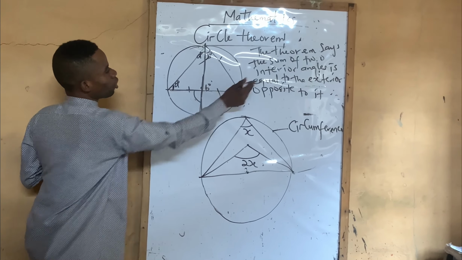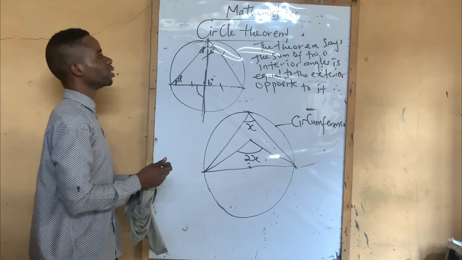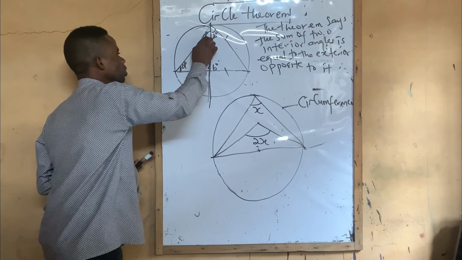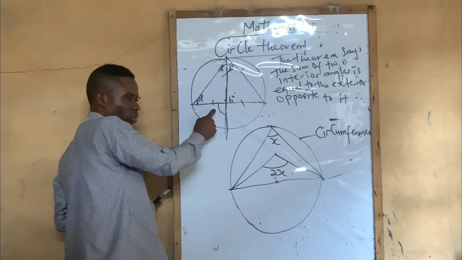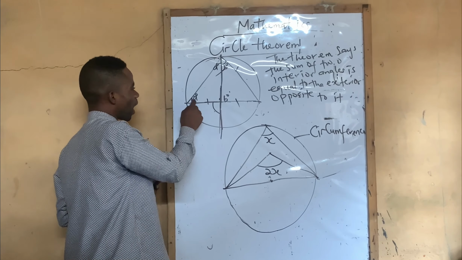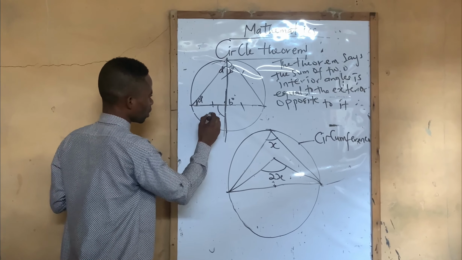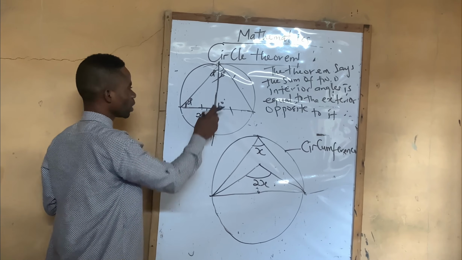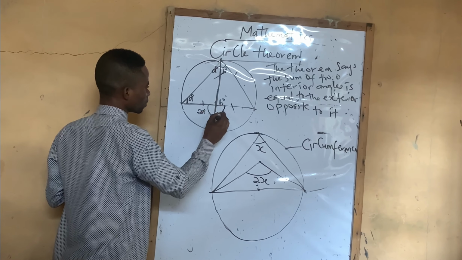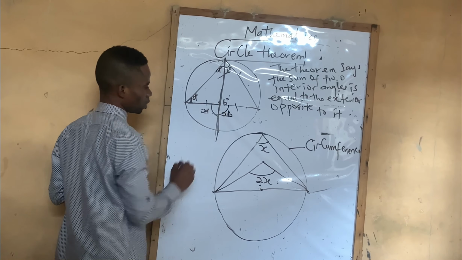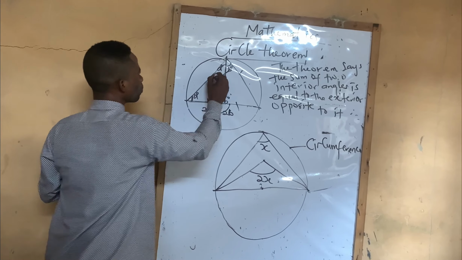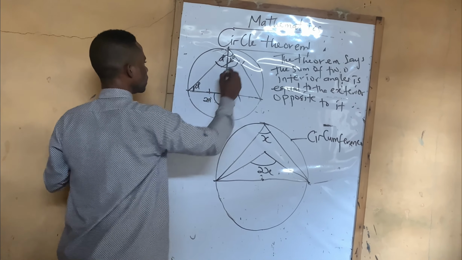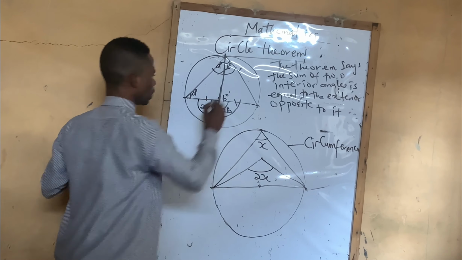That means, according to this theorem, the sum of two interior angles is equal to the exterior angle opposite to it. That means A plus A is 2A degrees here. Let me just use 2A directly. If I say B plus B, this will be 2B. Now all I'm having here is 2A and 2B.